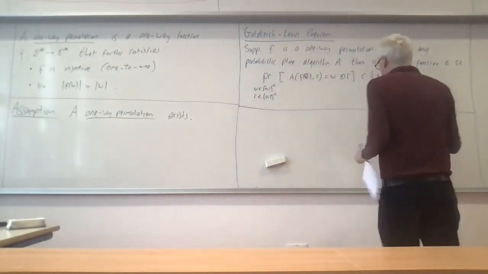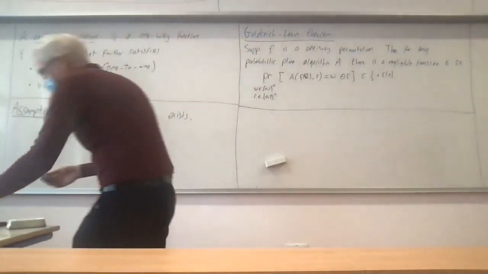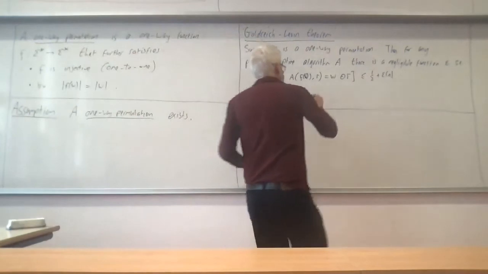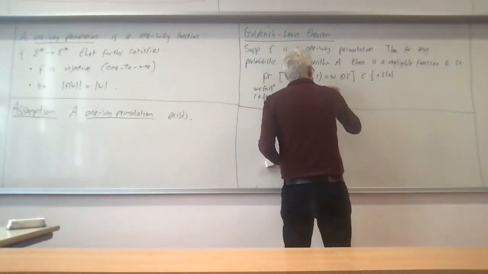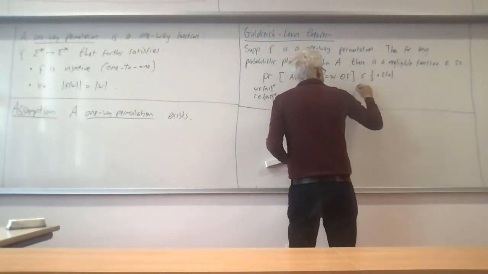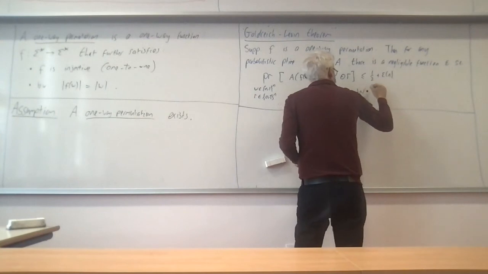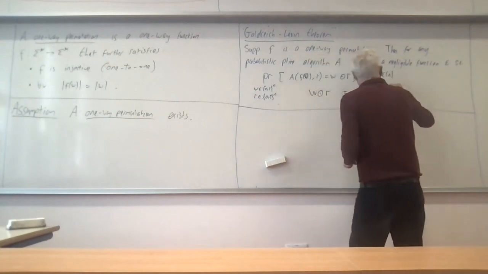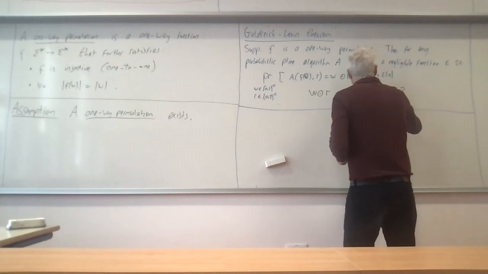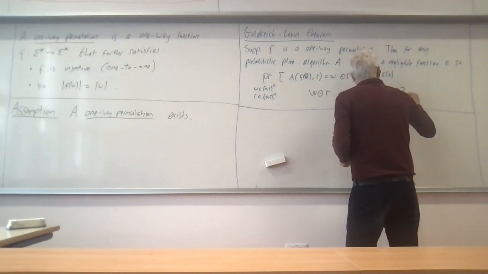Okay, so w circle r is defined to be the scalar product, the dot product of two vectors, modulo 2.